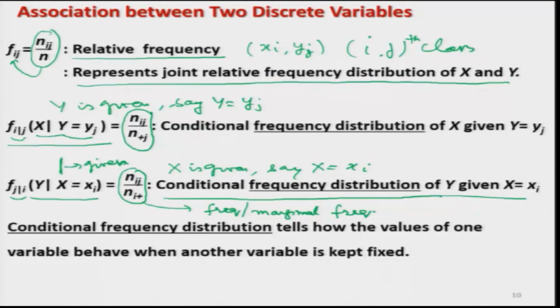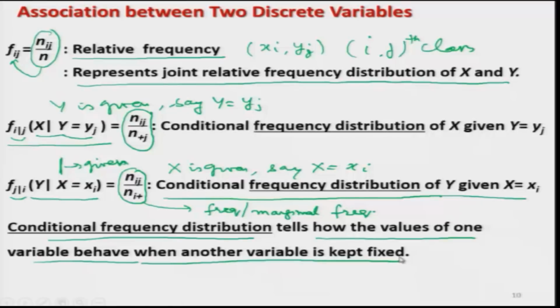So, these conditional frequencies, or the conditional frequency distribution, give us information about how the values of one variable behave when another variable is kept fixed. For example, we have considered the case of gender versus subject.